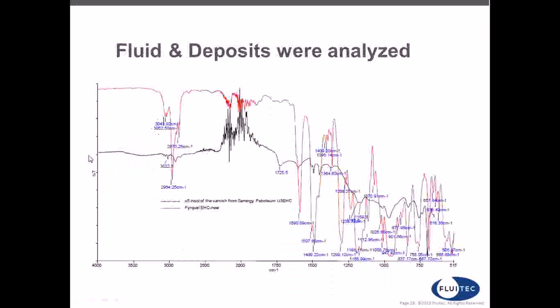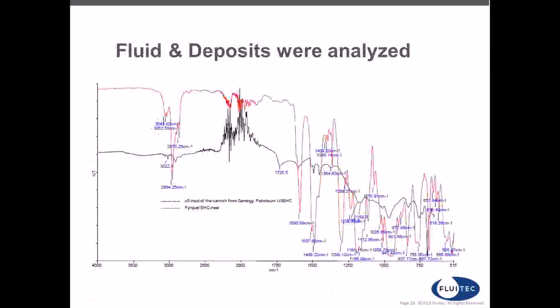And then you see the baseline has been depressed significantly here, and this is of the deposit. This indicates that there are some black bodies settling out onto the analytical instrument and causing this spectra depression.